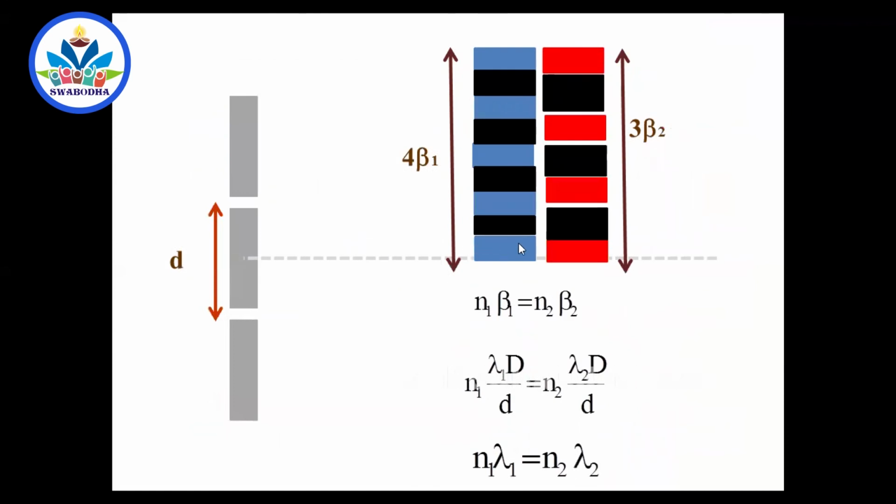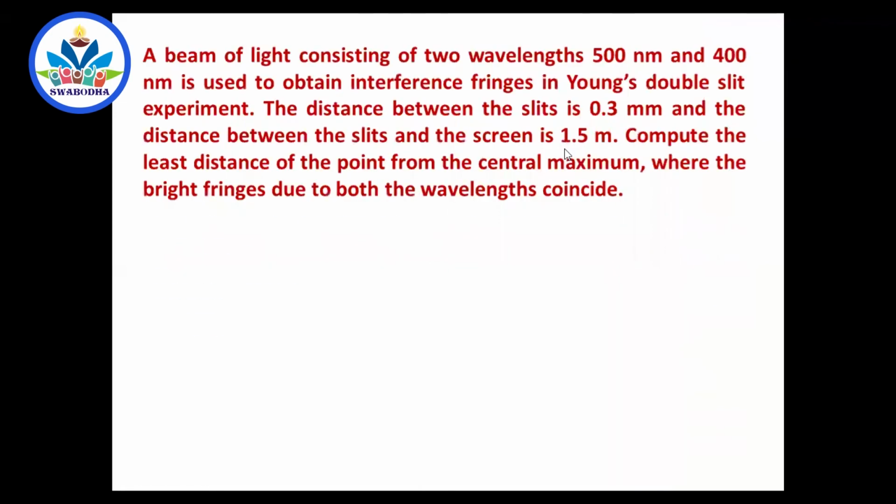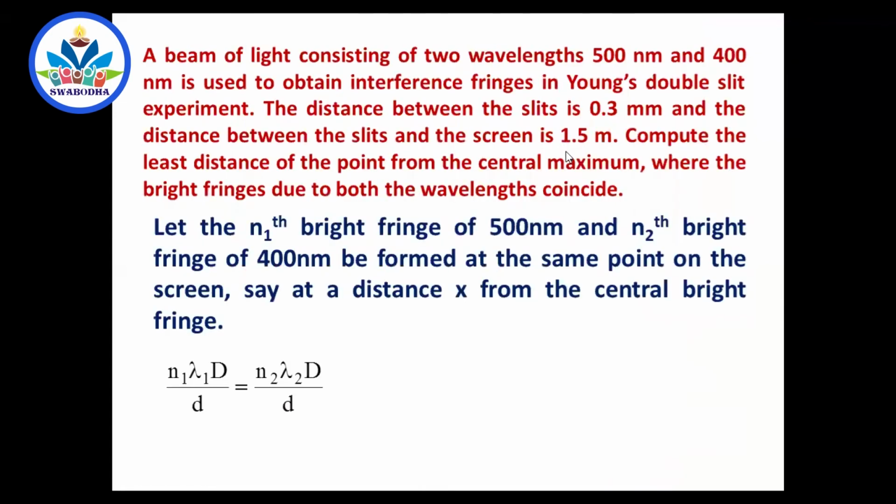What is the distance between third fringe of both? 1, 2, 3. This is the third bright fringe of blue. What is the third bright fringe of red? 1, 2, 3. Here. What is the distance between this red third and blue third? What you can do? Find out 3 beta for this, 3 beta for this, subtract. You will get the distance between the third bright fringes. That is the aim now.